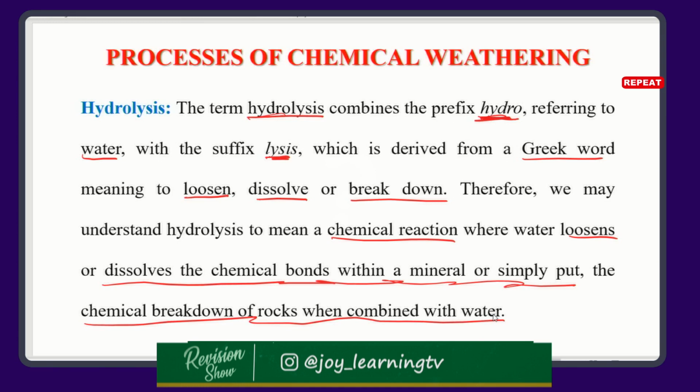That is in its simplest form. So when we talk about hydrolysis, we are talking of the chemical breakdown of rocks when these rocks come into contact with water. Is that okay? Good. Let's continue.